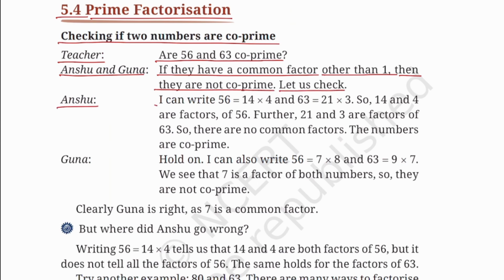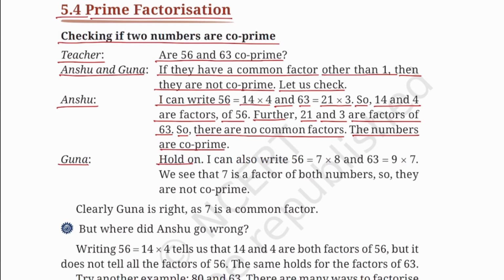Ansu: I can write 56 as 14 into 4 and 63 as 21 into 3. So 14 and 4 are factors of 56. Further, 21 and 3 are factors of 63. So there are no common factors. The numbers are co-prime.